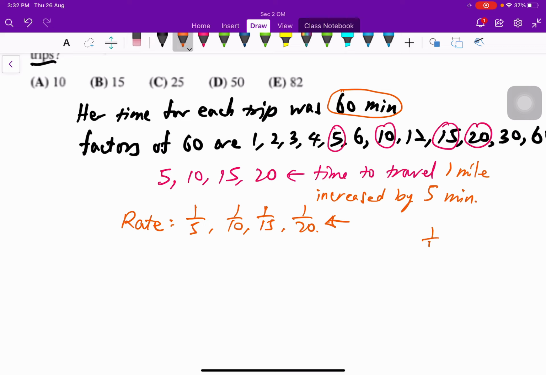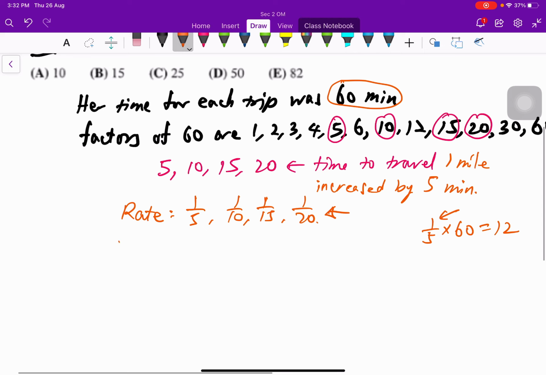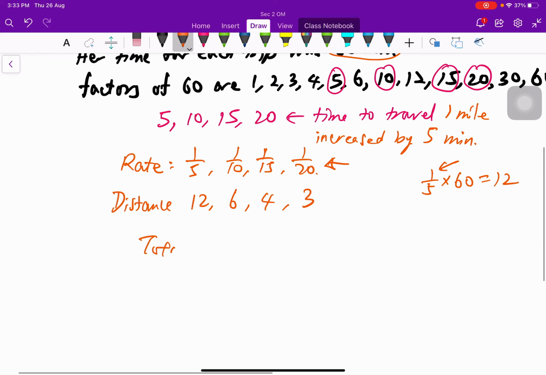That means 1 over 5 is the speed of covering 1 mile, and then you have 60 minutes. Therefore, it actually covers 12 miles. So the distance covered is 12, followed by 6, because 1 over 10 times 60 gives you 6, and then followed by 4, and then the last one followed by 3.